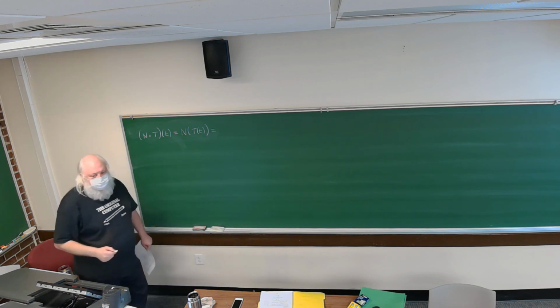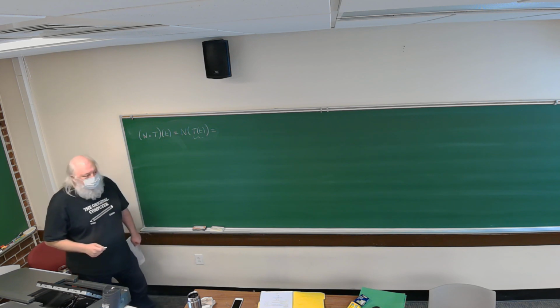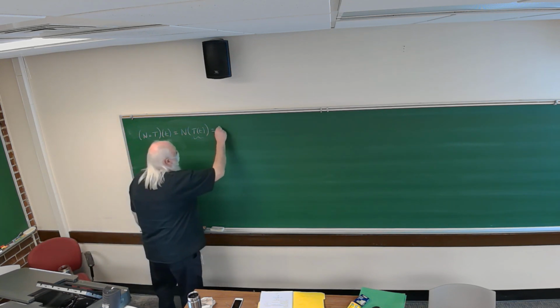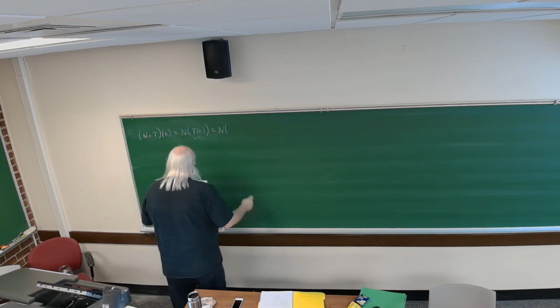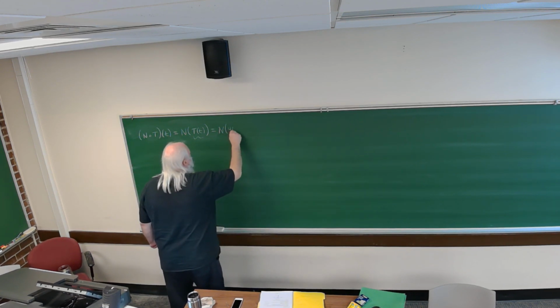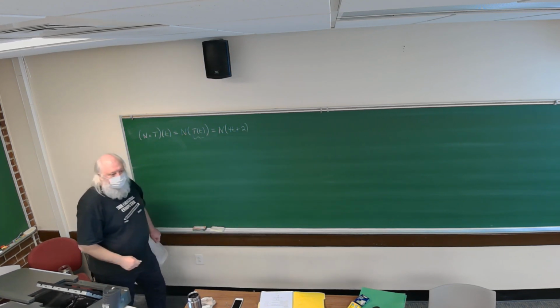So you know the first step. Replace big T of little t with what it's equal to, and it is equal to 4t plus 2. That's temperature as a function of time.